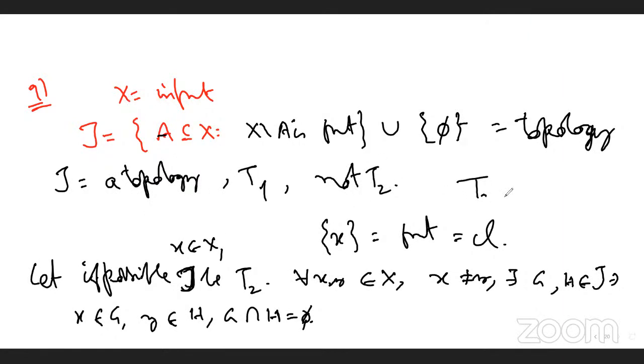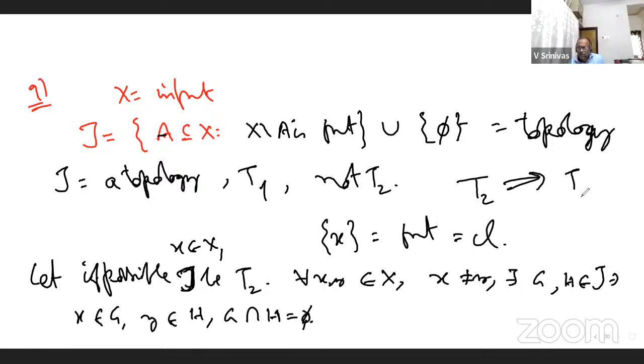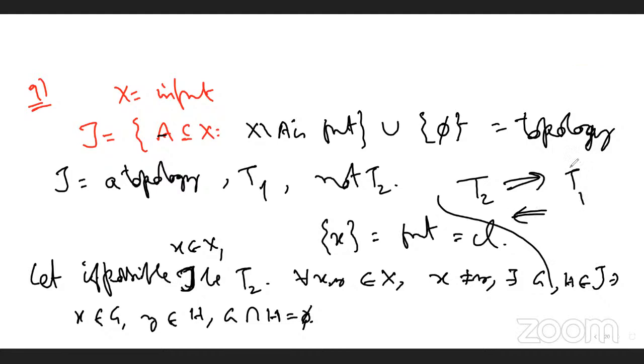T2 implies T1, but T1 need not imply T2. The converse is not true. So you have got a space, the cofinite topological space, which is not T2. So this is a complexity of this property.